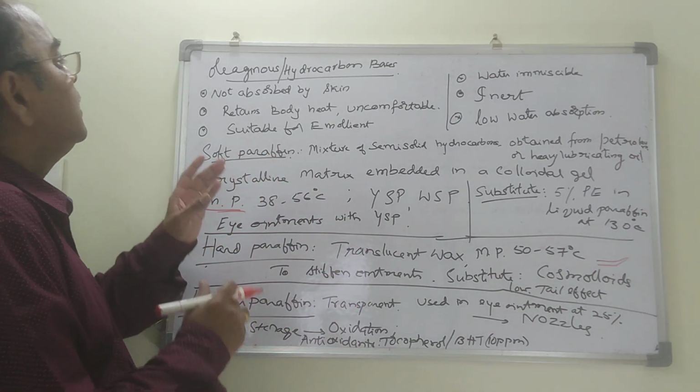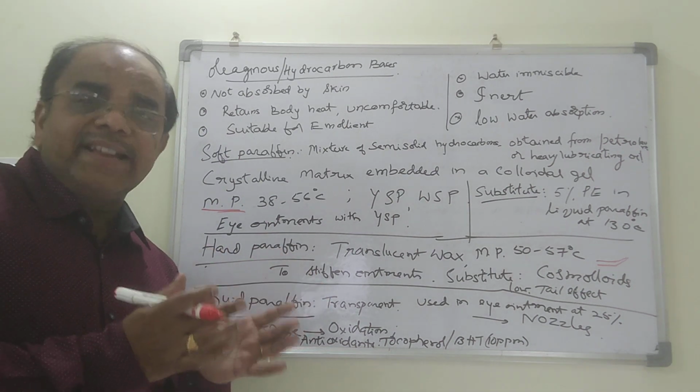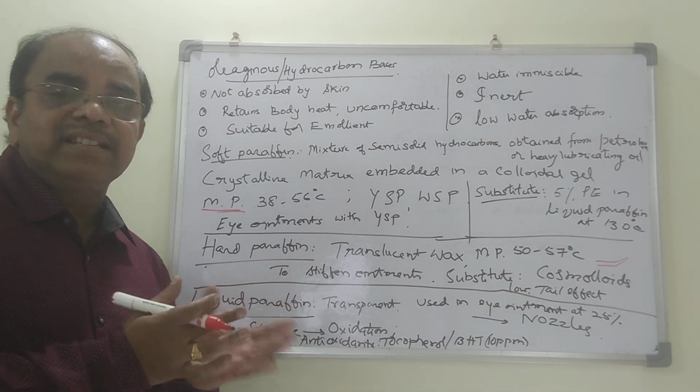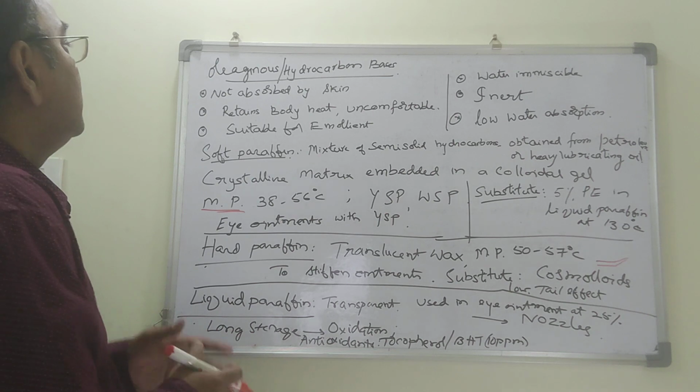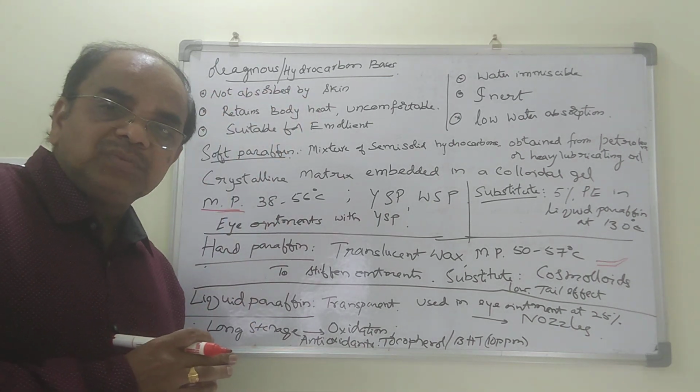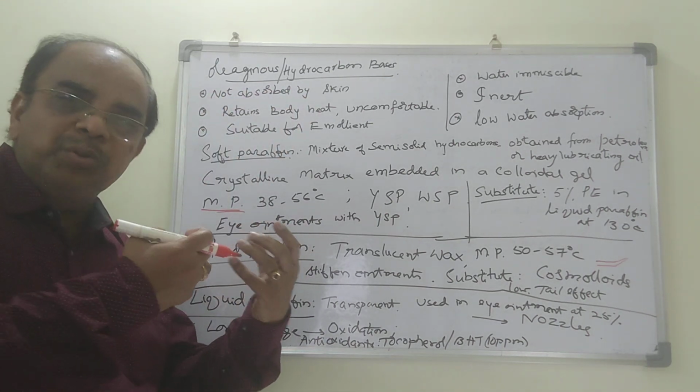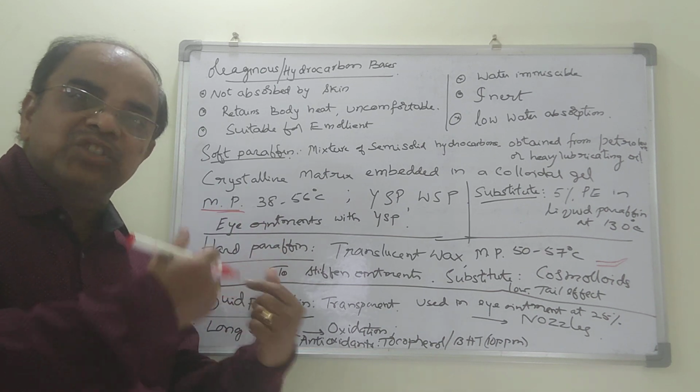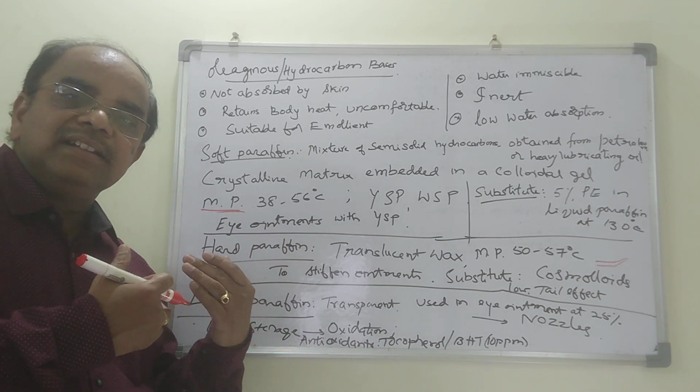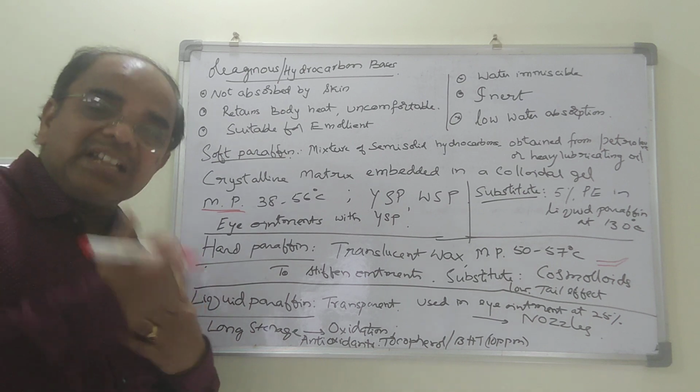There are some disadvantages or some properties we can say about these oleaginous bases. It is not absorbed by the skin. Moisture and sweat are completely occluded in the base, so we have an uncomfortable feel.